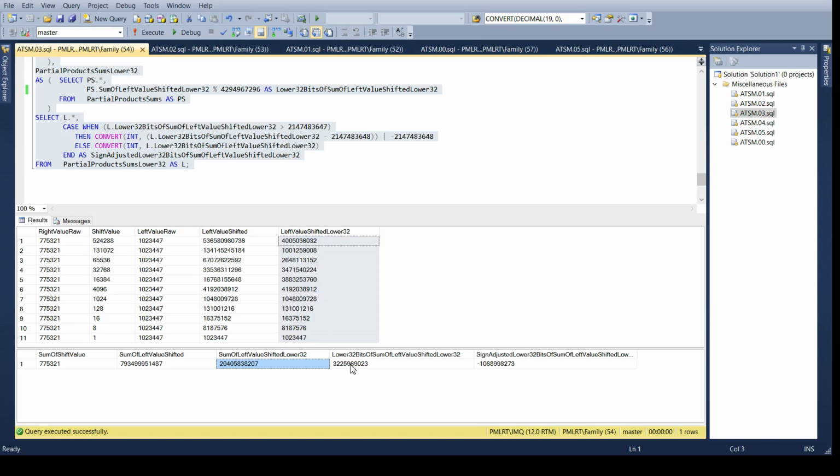And this is that number, lower 32 bits of that number. So we're taking only the lower 32 bits. And then this here is the sign adjusted result. So this would be the result of that multiplication if these were two unsigned numbers multiplied and then the sign bit was still treated as a sign bit.